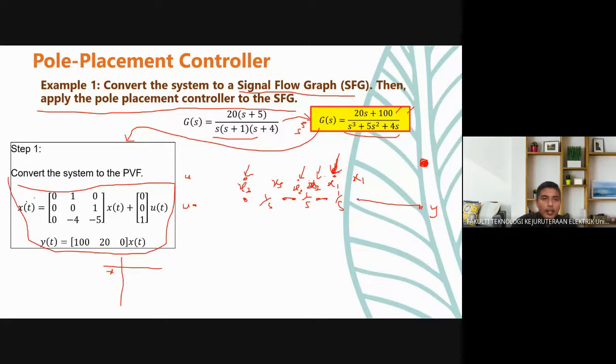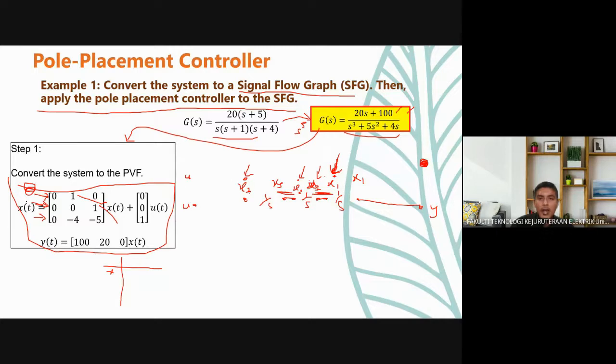And then after that, regarding this state space you obtained, you know that this refers to x1 dot, this refers to x2 dot, this refers to x3 dot. So x1 dot equals x2. The second line, x2 dot equals x3.